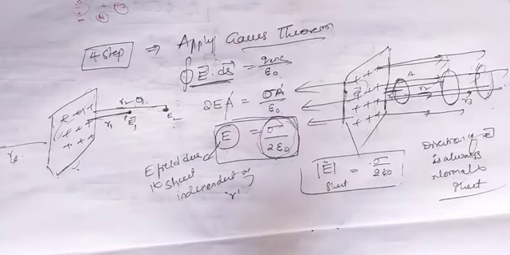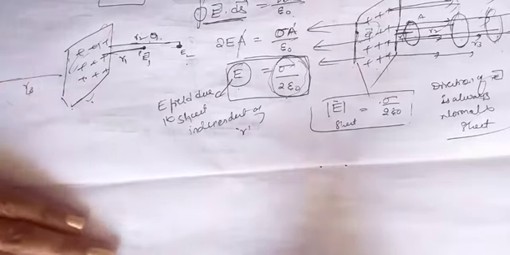So this is about the applications of Gauss theorem: for the point charge, for the charge distributed on the long straight conductor, and for the charge distributed over the sheet. We have other applications also, the charge distributed through the shell and sphere. A conducting sphere means a shell, and a non-conducting sphere means a sphere.